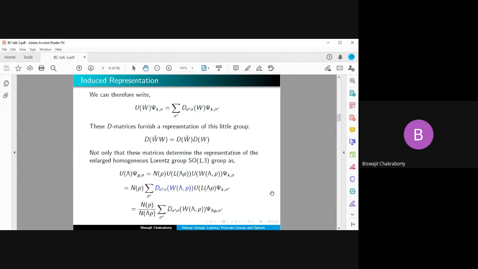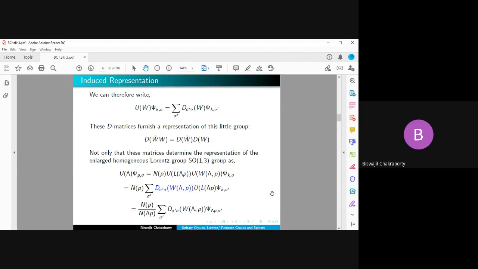These are just numbers. I can extract them out to the left, and I am left with the action of U of L of lambda P on psi K sigma, which again will give you, up to a normalization constant which will now appear in the denominator, psi of lambda P comma sigma prime.